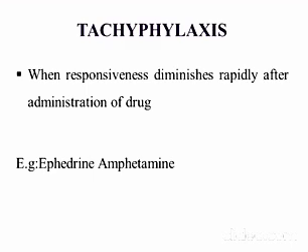Whatever action is shown by the drug will be completely removed, or the drug will not show any effect at all. For example, if we take drugs like ephedrine and amphetamine, and a person has tachyphylaxis, then this drug will not show any effect in the body.